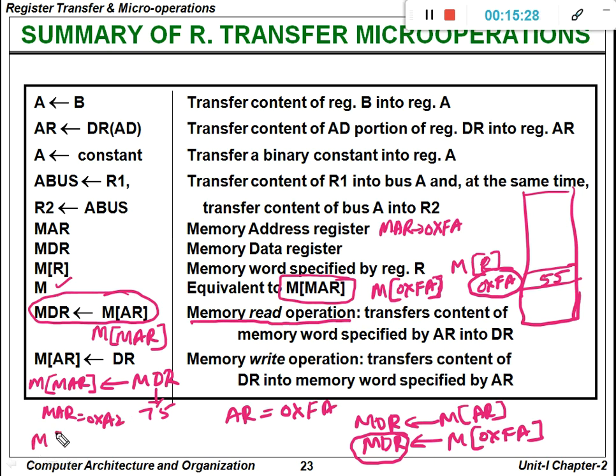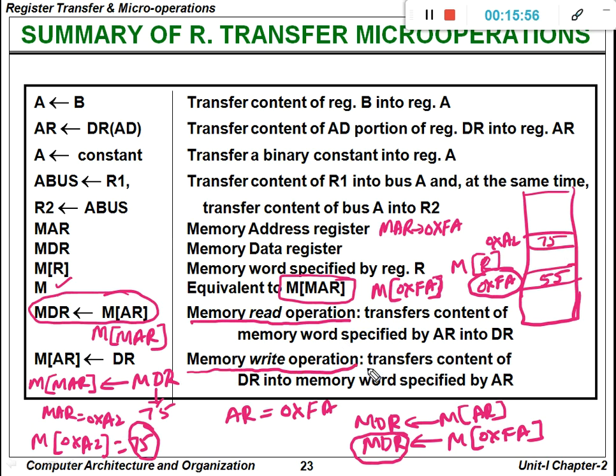Then what will be the statement? M of 0xA2 is equal to 75. For example, assume that the 0xA2 location is here in main memory. Then we are going to store the content 75 in this particular address location. So this operation is called the memory write operation.